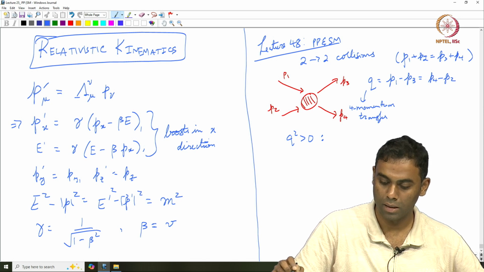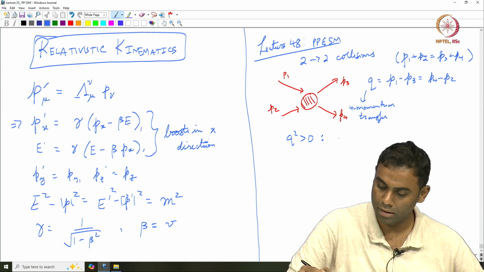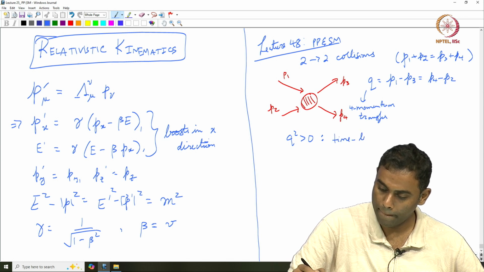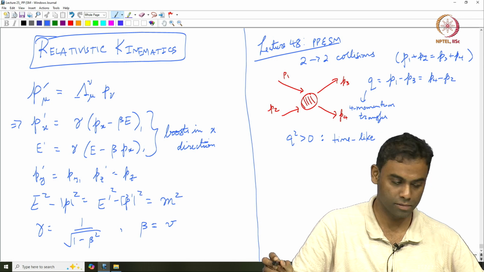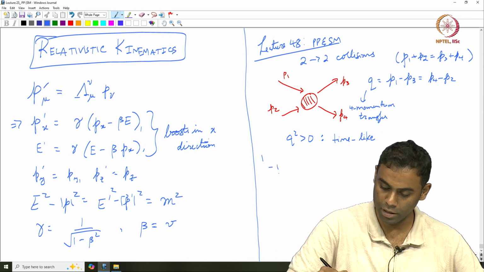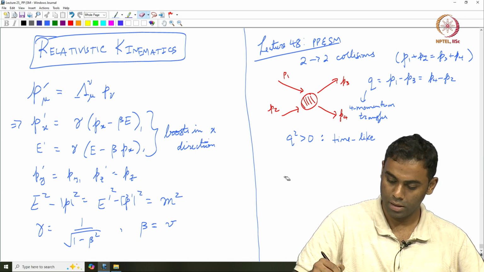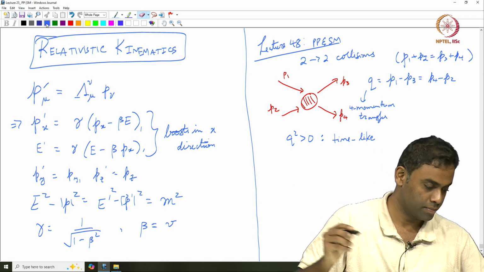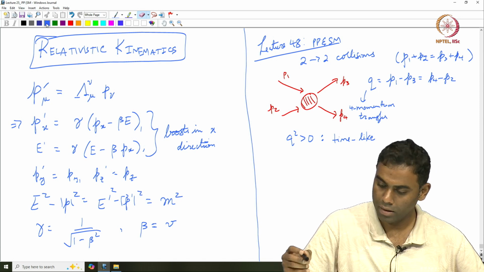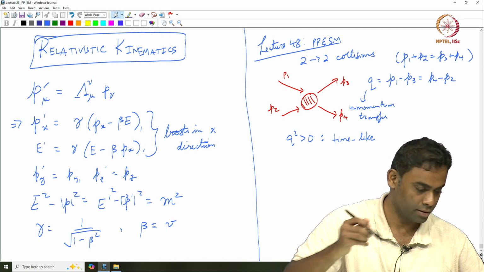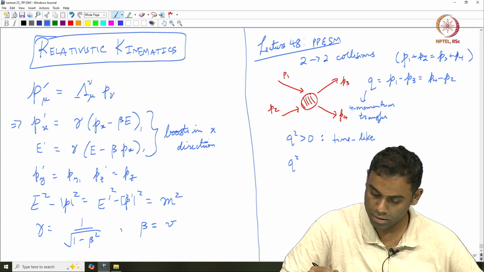Of course it can, because in our metric this is time like, agreed. Our metric is what? 1 minus 1 minus 1 minus 1, yes. So this is time like, and what is this?